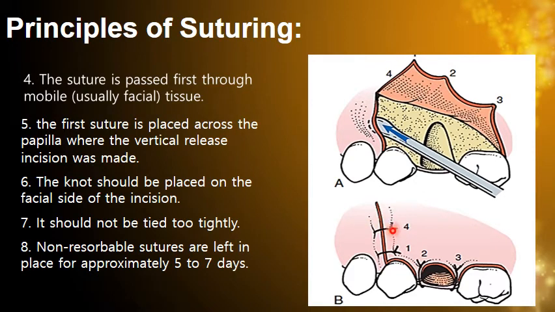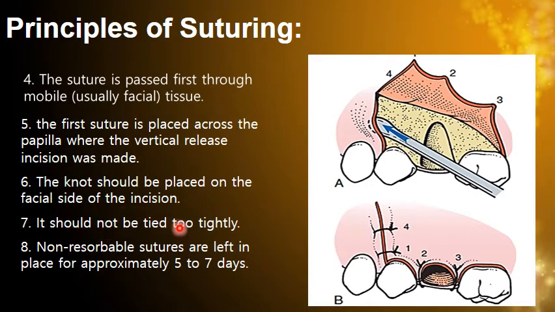When I tie the knot, I should place it on the side of the incision, not directly on the incision line, because this will cause additional tension on the incision. Also, I always put the knot on the facial side, not on the palatal or lingual side, because the patient's tongue will always play with the knot.